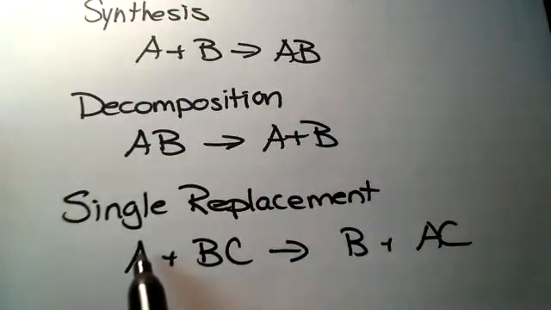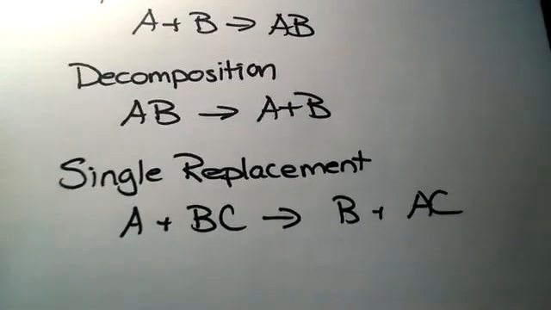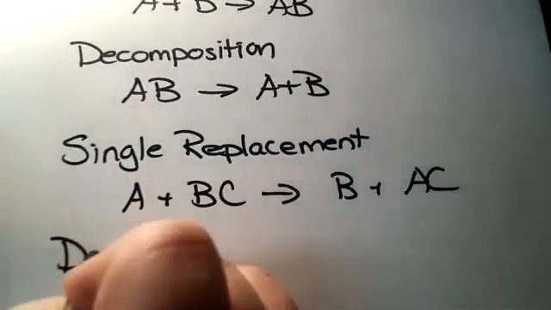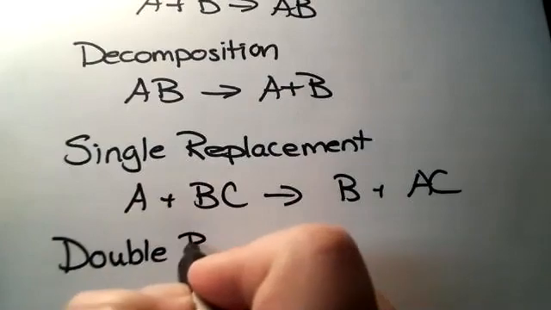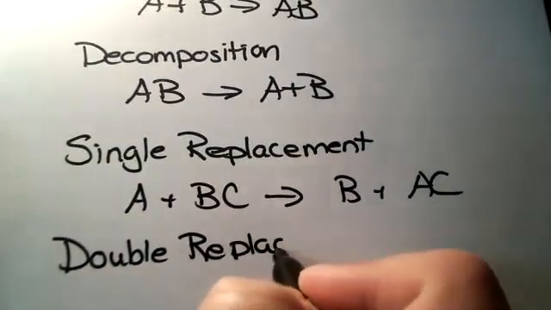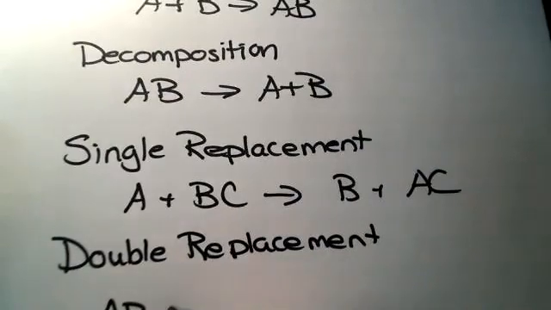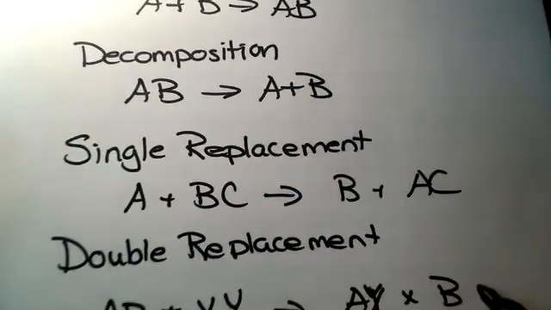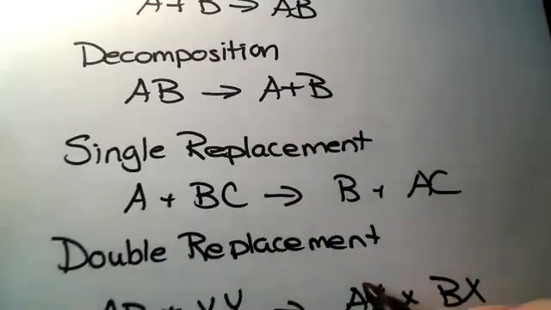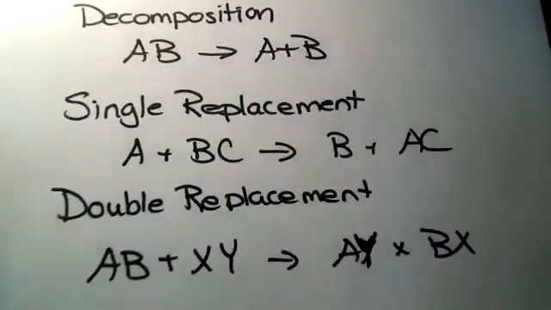So basically, A boots out B and runs off with C. And then we have double replacement or double displacement, same thing. And this is where you would have AB and XY, and A runs off with Y and B runs off with X. Okay, so they just swap partners.